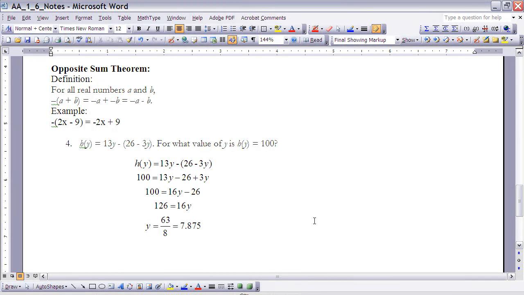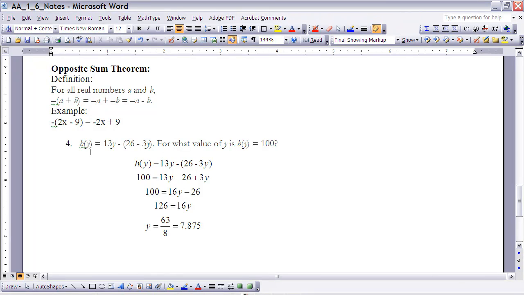What that tells us is when you have that negative outside of the parentheses, you need to distribute it to everything inside the parentheses. Here's another example of that, negative the quantity 2x minus 9. I'm going to take the negative times 2x and the negative times the minus 9, which gives me plus 9. Okay, so let's use that. We're going to use that in this particular example here.